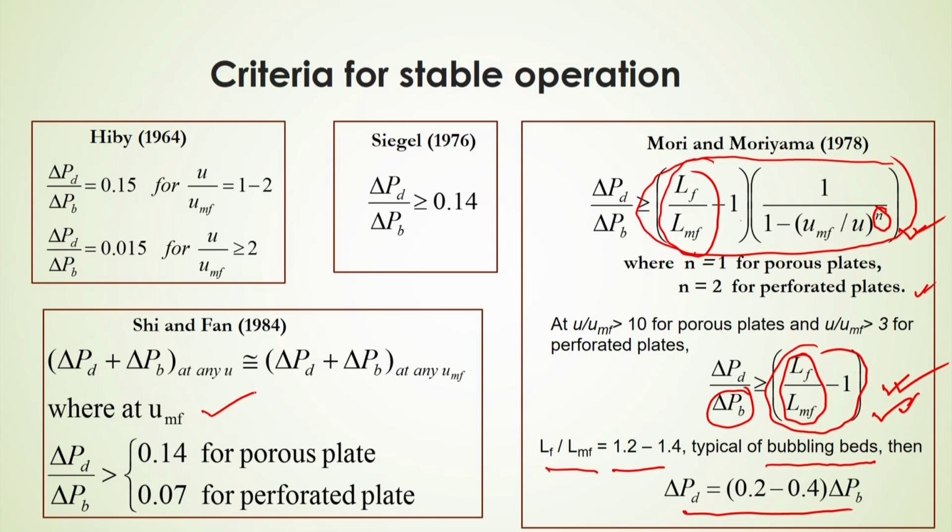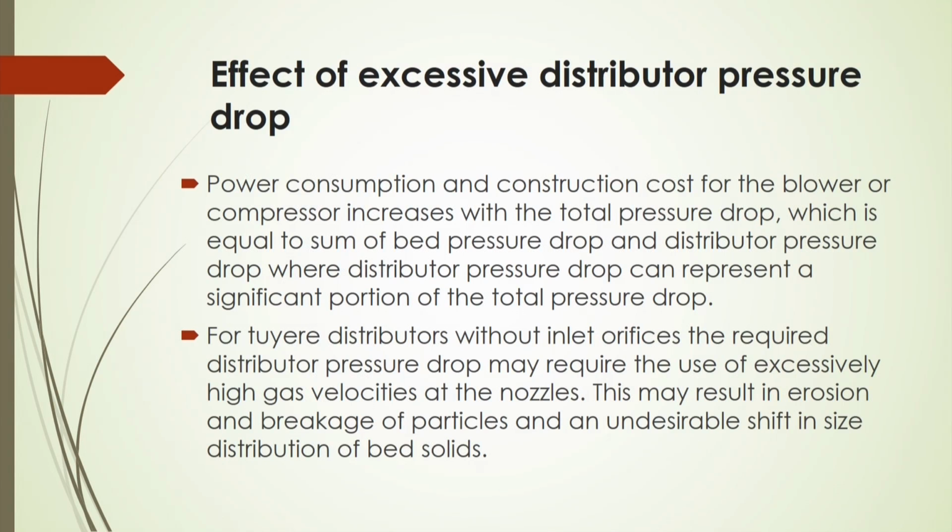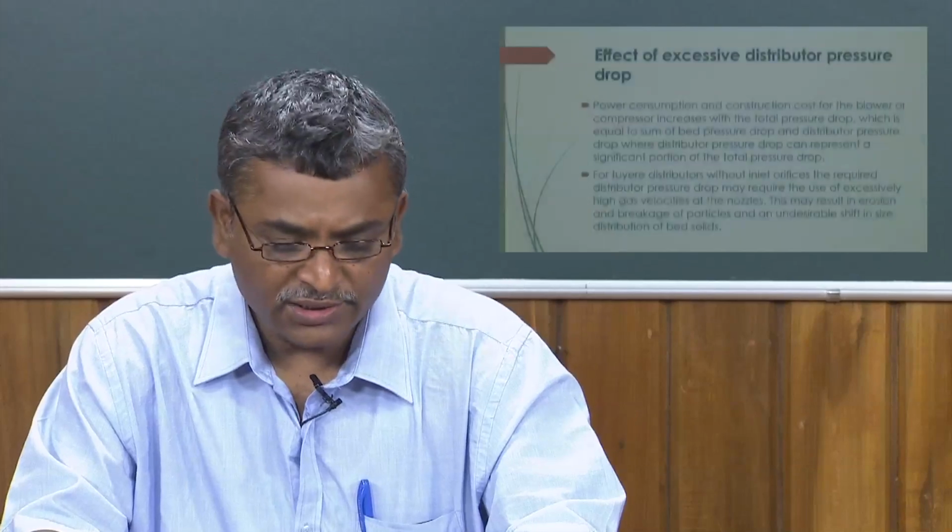At minimum fluidization, the ratio of distributor pressure drop to bed pressure drop, Pd by Pb, should be greater than 0.14 for a porous plate, and greater than 0.07 for a perforated plate.